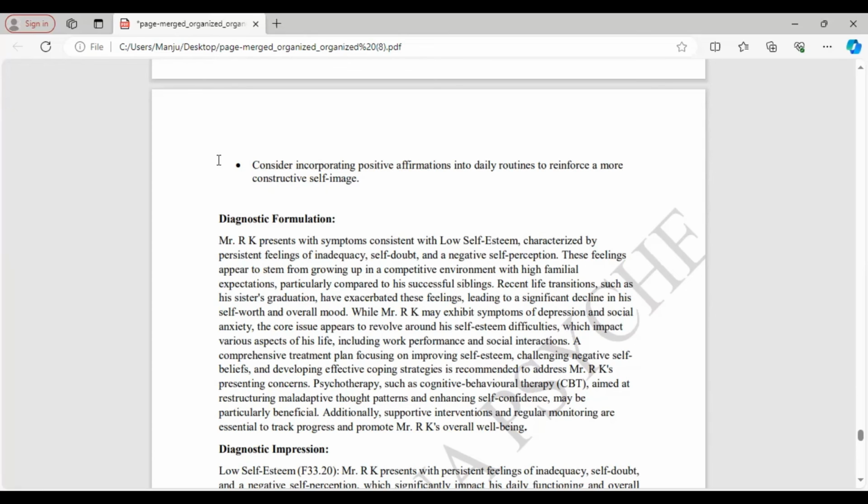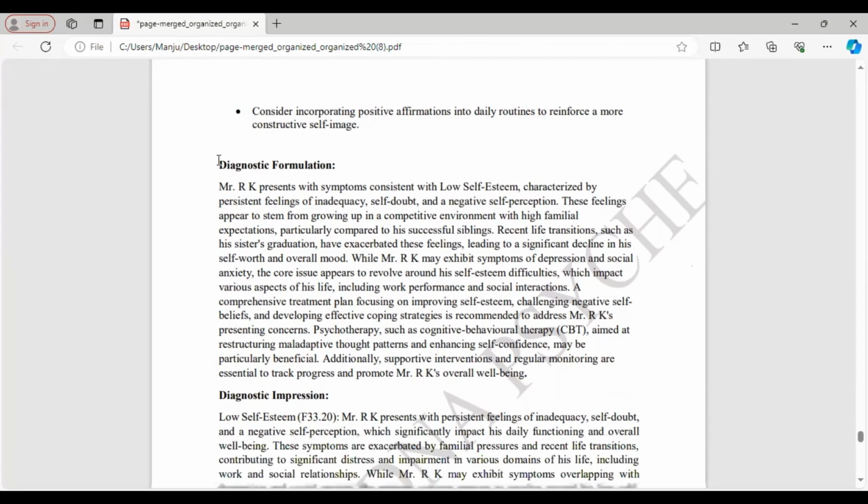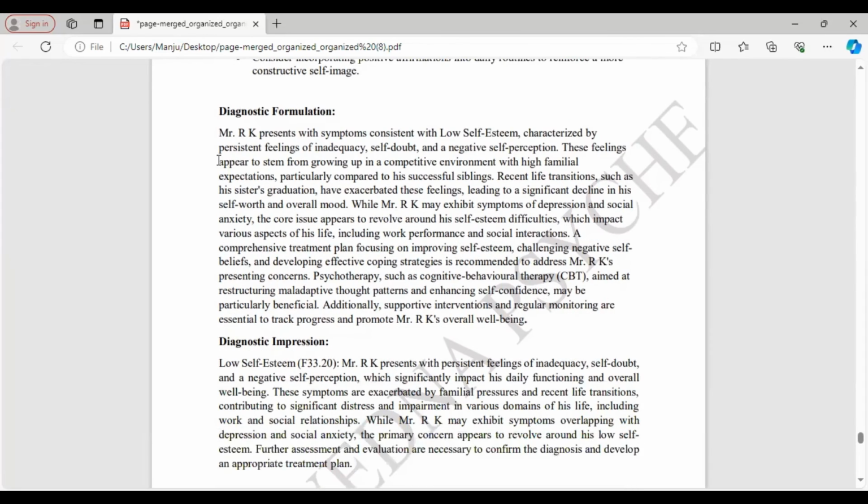Psychotherapy, such as CBT, aimed at restructuring maladaptive thought patterns and enhancing self confidence, may be particularly beneficial. Additionally, supportive interventions and regular monitoring are essential to track progress and promote Mr. RK's overall well being. Then, diagnostic impression.